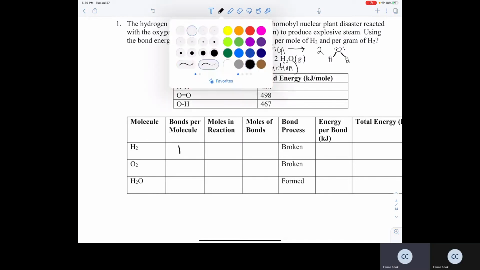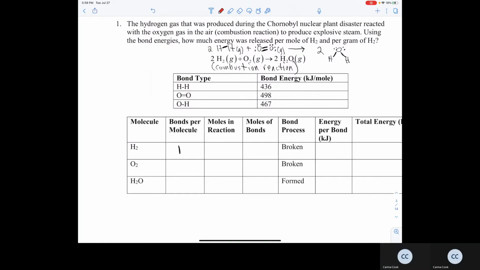But there are 2 moles of hydrogen molecules in this reaction, and therefore 2 moles of bonds.